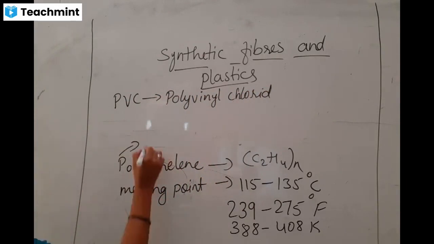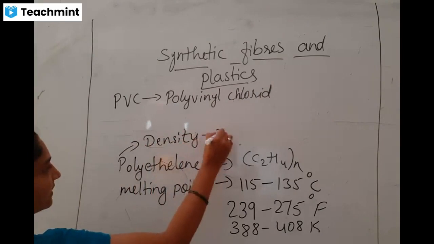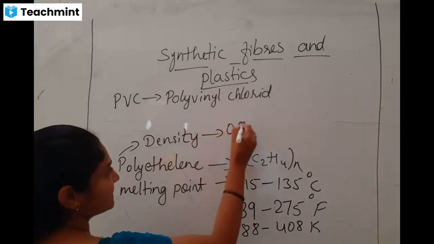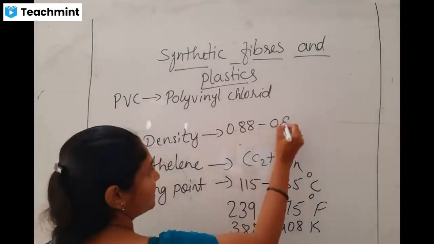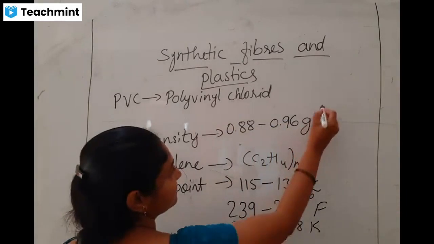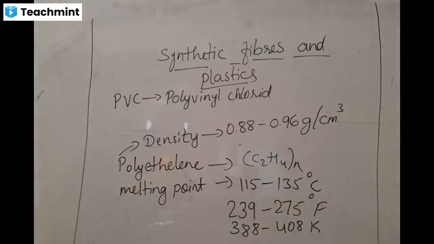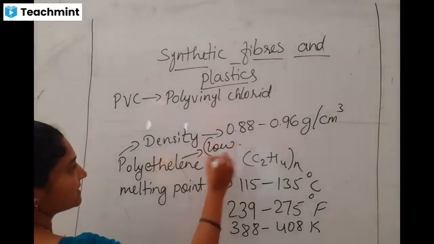The polythene density is very low, about 0.882 to 0.96 gram per cubic centimeter. Gram per cubic centimeter. Polythene has very low density.